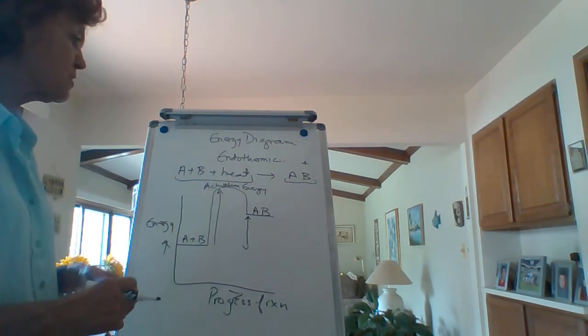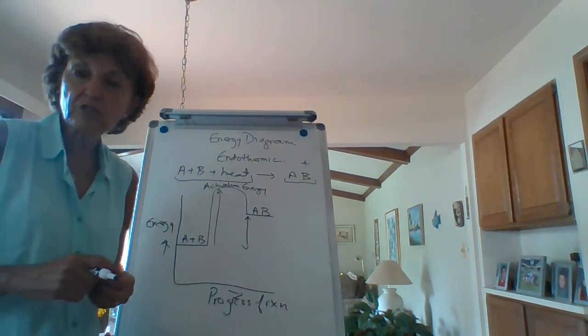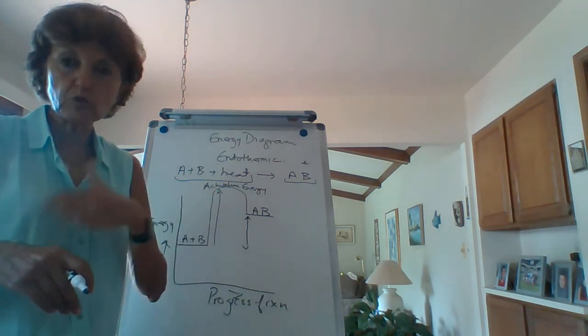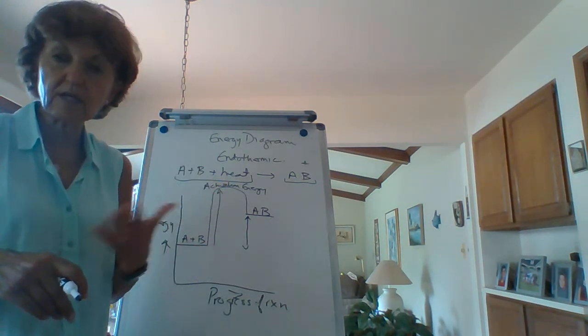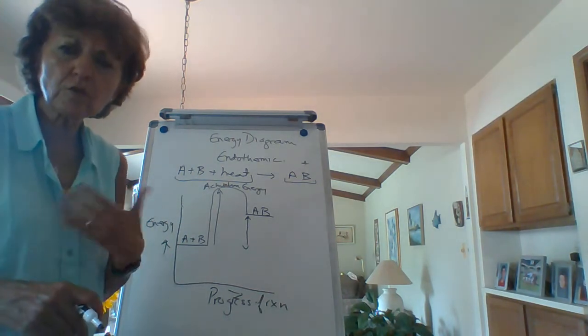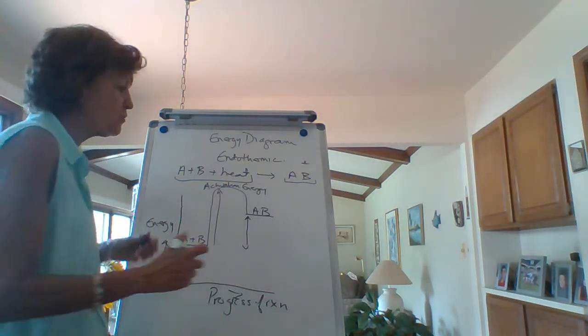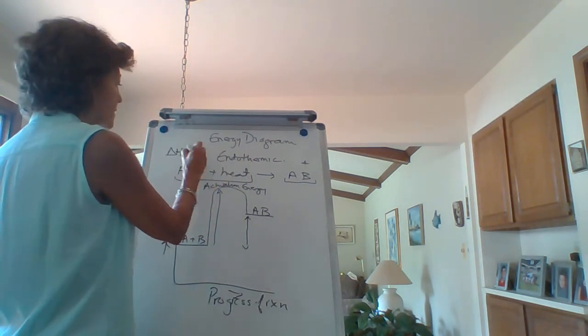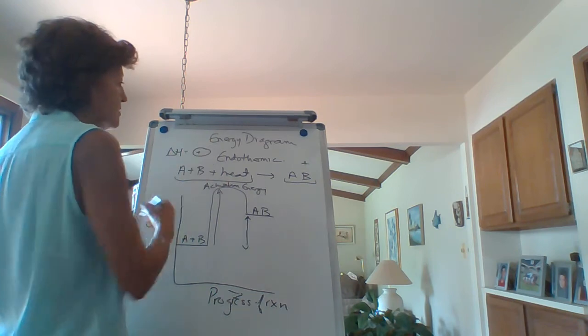We do something called a delta H, which tells you how much energy is either absorbed or released in a reaction. And this is something for those of you going on into higher level chemistries. Delta H of an endothermic reaction is always going to be positive.